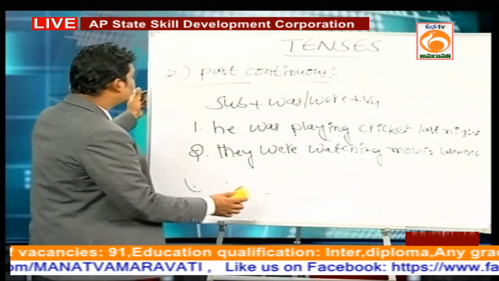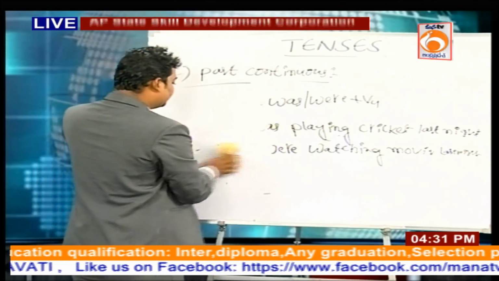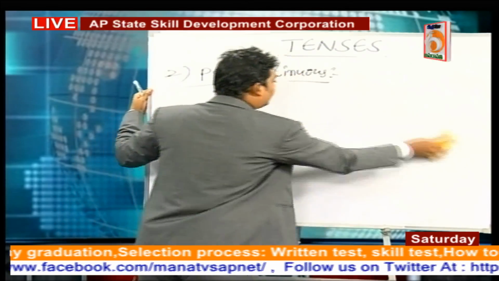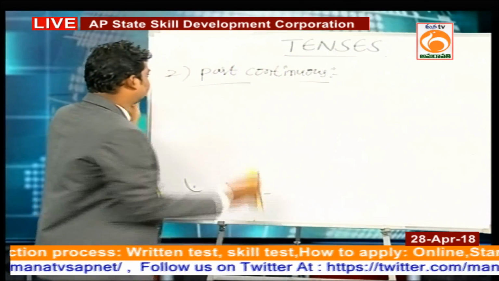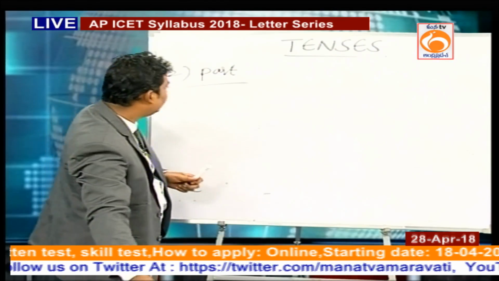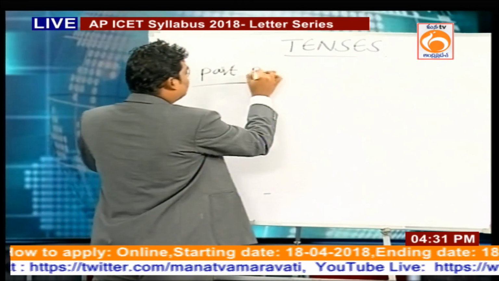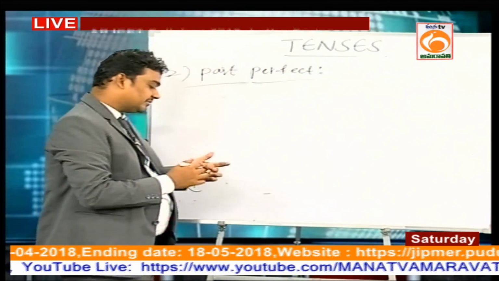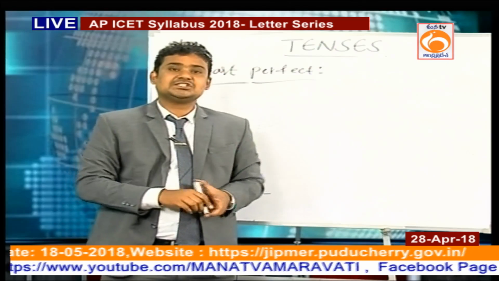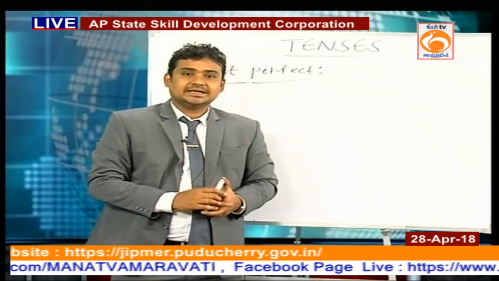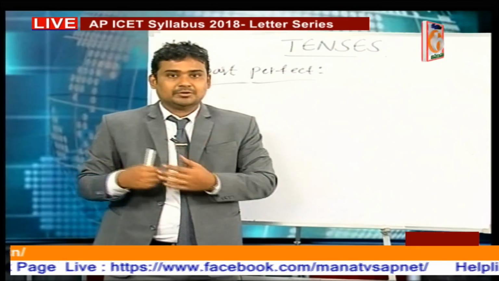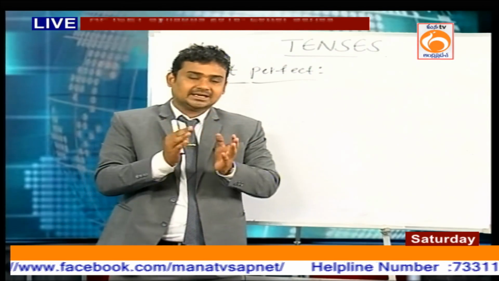The next one, the third subcategory of past tense, is past perfect tense. So what is past perfect tense? The past perfect tense denotes an action or event that had finished at some particular time in the past.